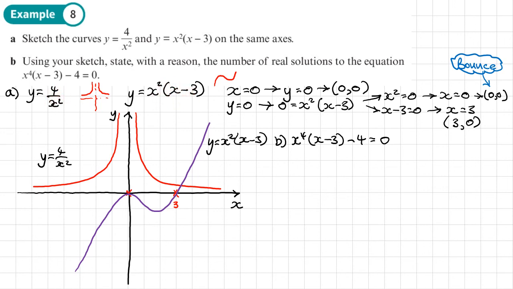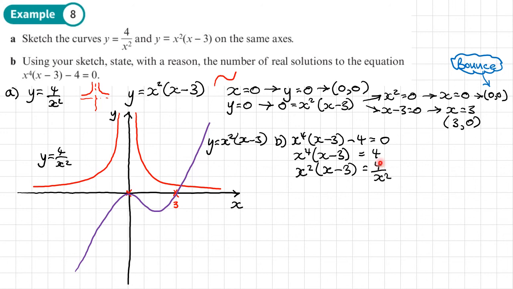So first thing I'm going to do is to add 4 to both sides. So x to the power 4 times (x minus 3) equals 4. Then divide both sides by x squared. So that will give me x squared times (x minus 3) equals 4 over x squared.